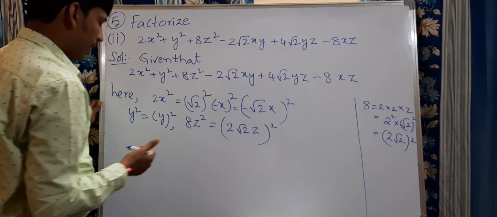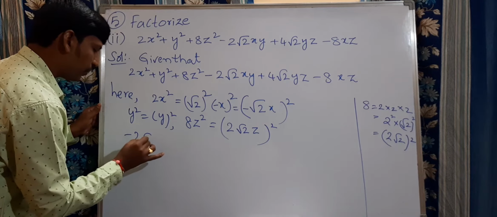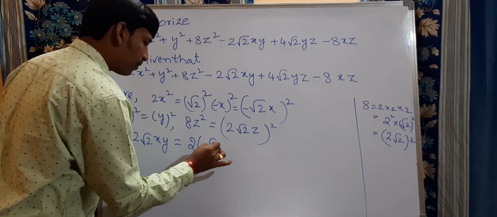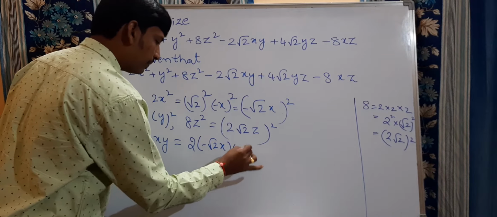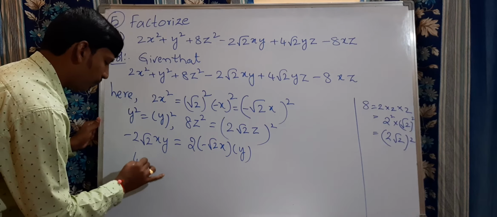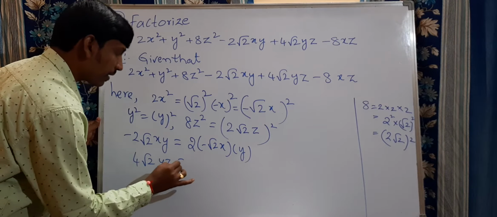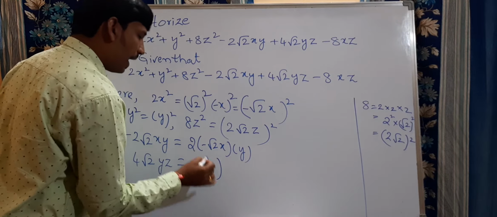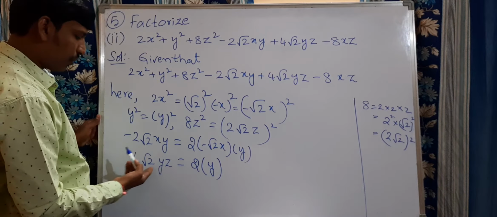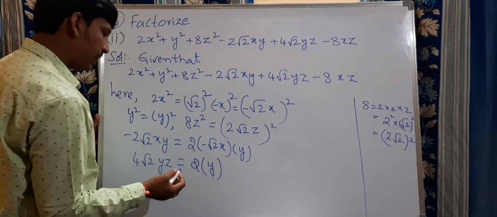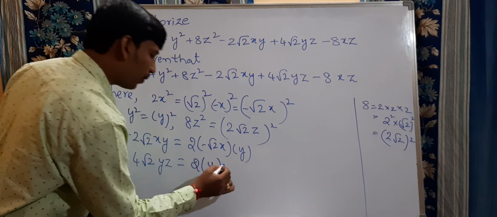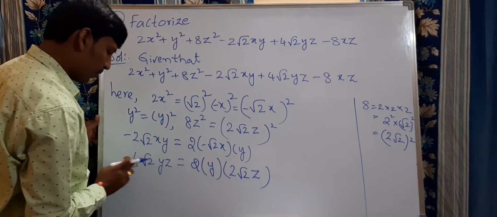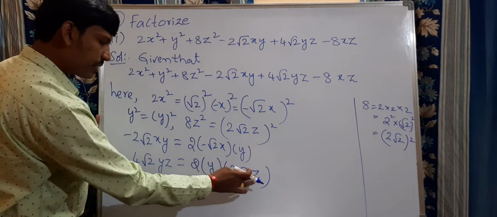Now minus 2 root 2 xy. See this here: minus 2 into root 2 into xy can be written as 2 into minus root 2 x into y. The next, 4 root 2 yz, which is equal to 2 into y, y will become y only, and for z, I am going to write 2 root 2 z. See this here, 2 2s are 4, root 2, y into z is yz.